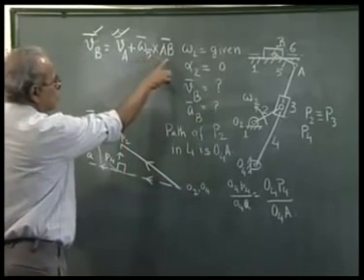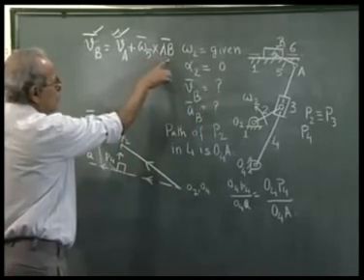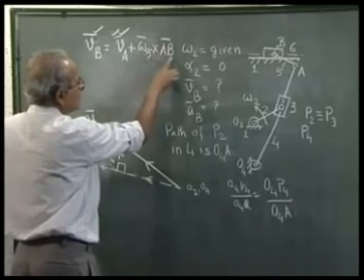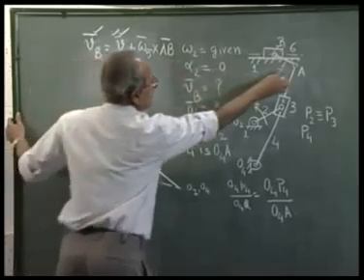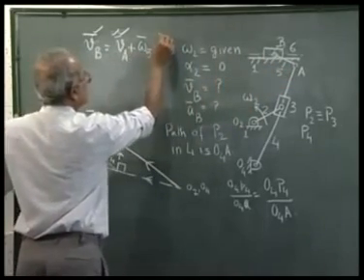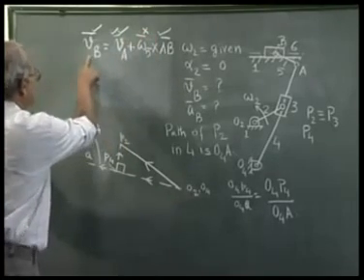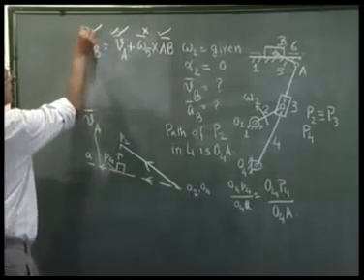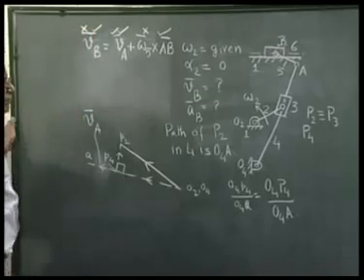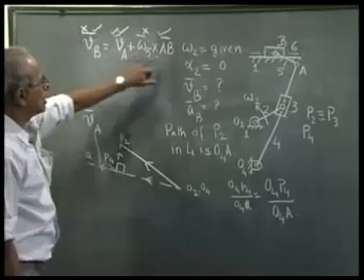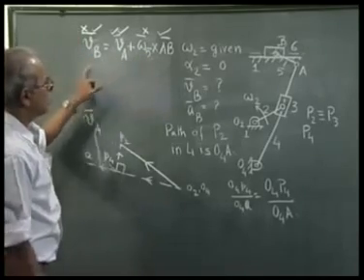Omega 5 cross AB, I do not know the magnitude because I do not know the magnitude of omega 5, but I know the direction. It is perpendicular to the vector AB. So I know the direction but do not know the magnitude. For Vb, I know the direction horizontal, but I do not know the magnitude. So again, in this vector equation, I have only 2 crosses, that is 2 unknowns, so I should be able to complete the velocity diagram.